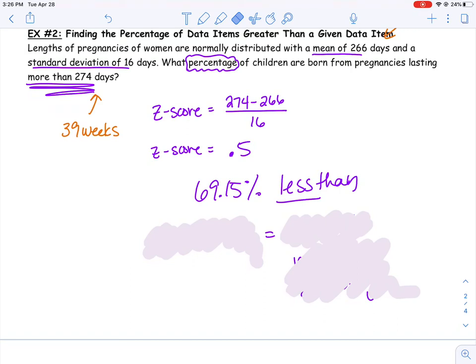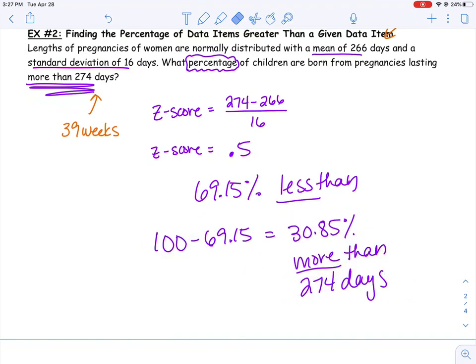Well, if 69.15% are less than you, we can subtract that from 100 to figure out how many people go more than 274 days. I ended up getting 30.85%. 30.85% of women go longer than 39 weeks pregnant, longer than 274 days. Using z-scores and our percentile chart, we can figure out less than, and we can also figure out the percentage that go more than.